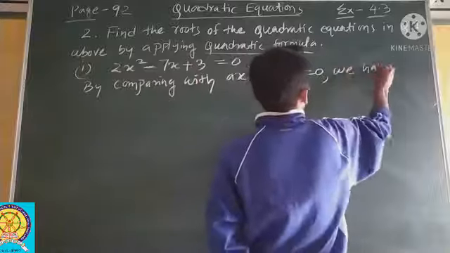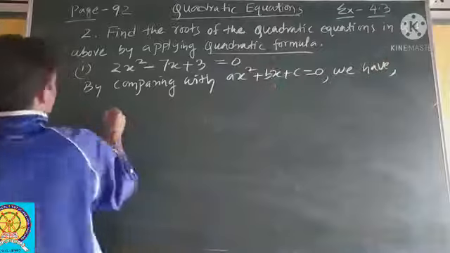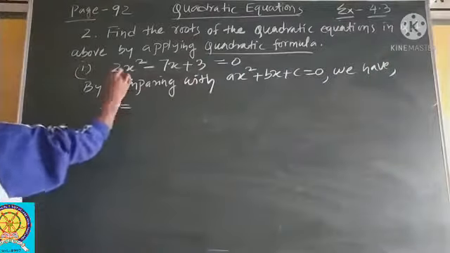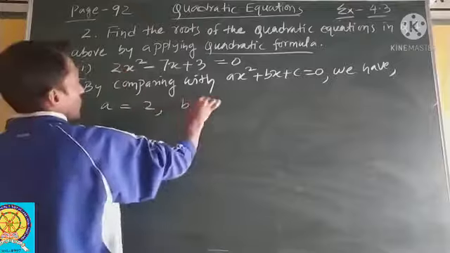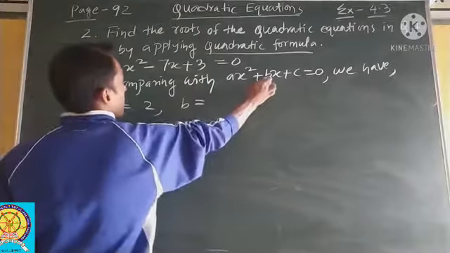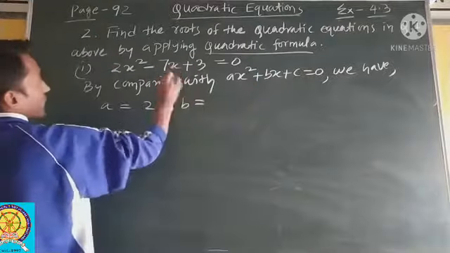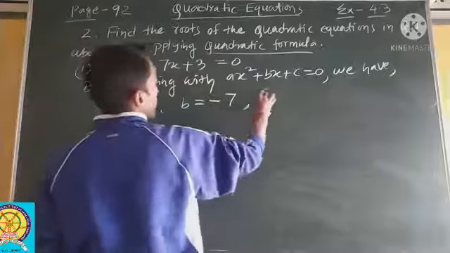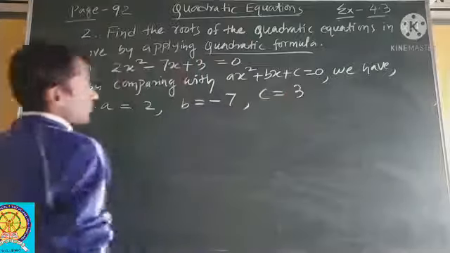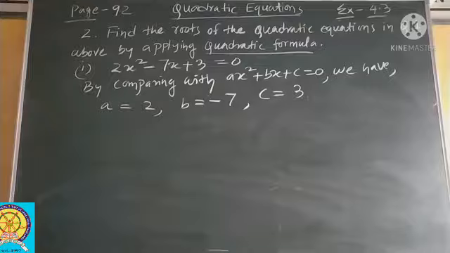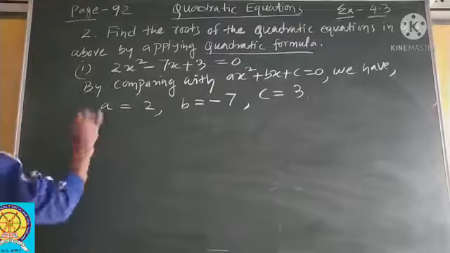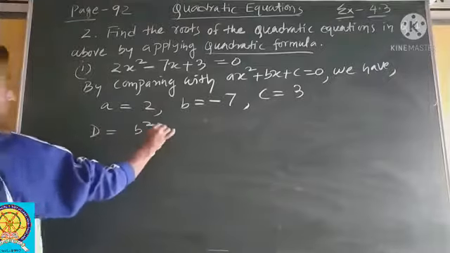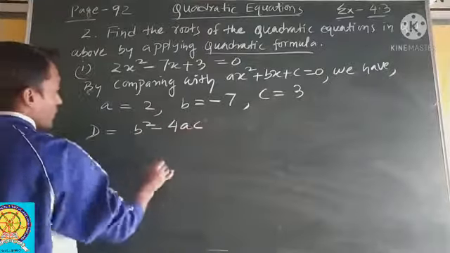Here, a is how much? In place of a, here we have 2. b is the coefficient of x. Here the coefficient of x is -7, so b is -7. c is how much? The value of c is 3. So after finding the a, b and c values, we have to find the discriminant. Discriminant D is equal to b square minus 4ac.